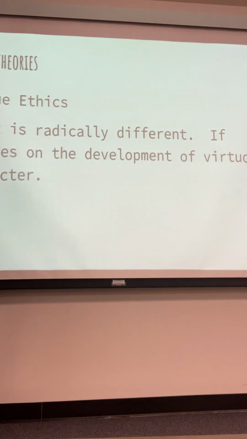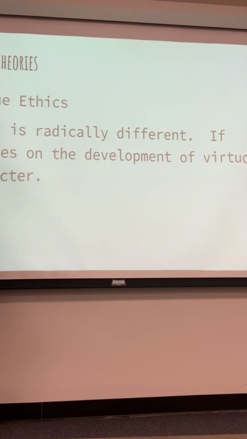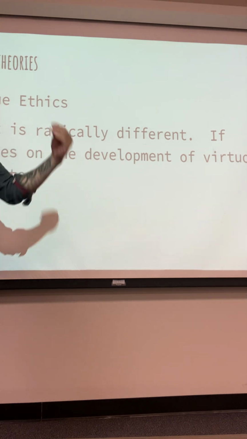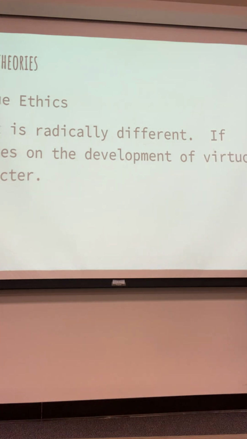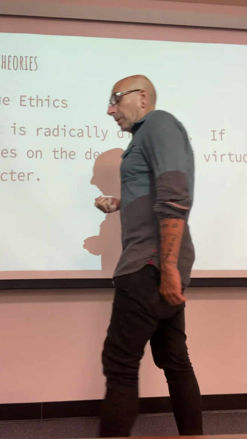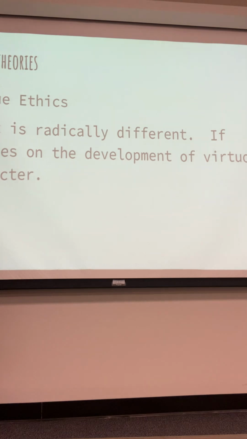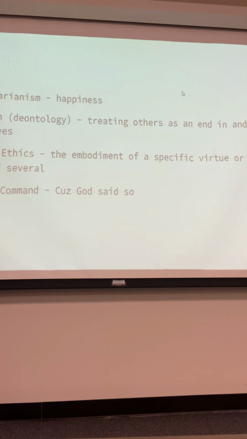I think of it kind of like a superhero sort of theory, where you're trying to be like Spider-Man or Superman. You're trying to embody these particular individuals. In this case, you're trying to be wise, or kind, or truthful. These are virtues that you're trying to embody. And by embodying these characters and virtues, you are actually fulfilling these moral obligations.